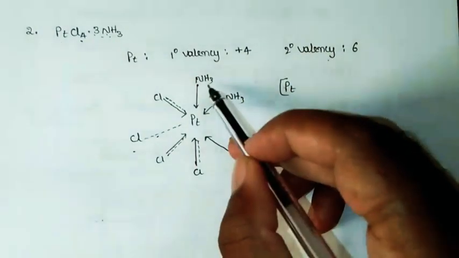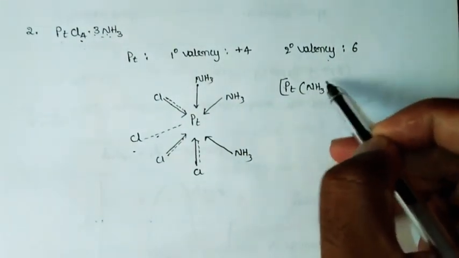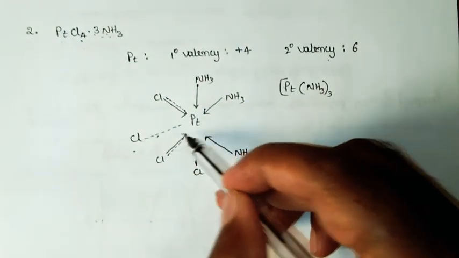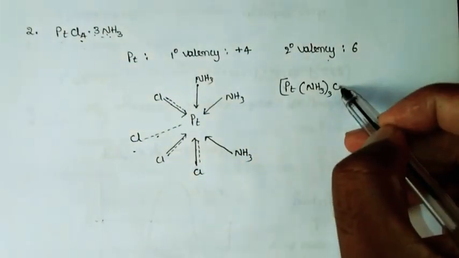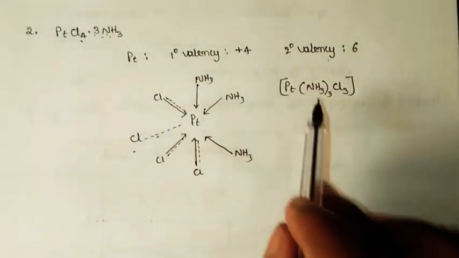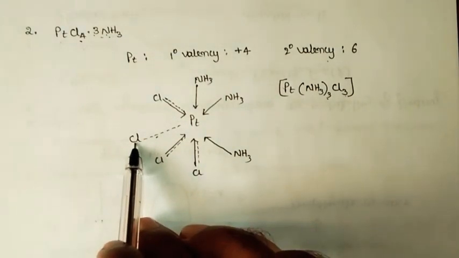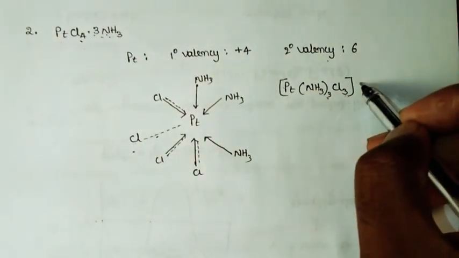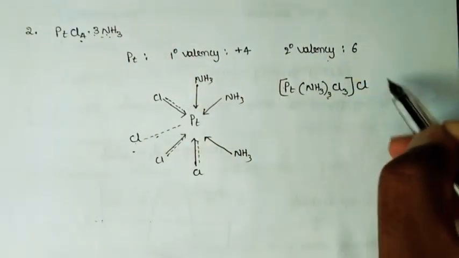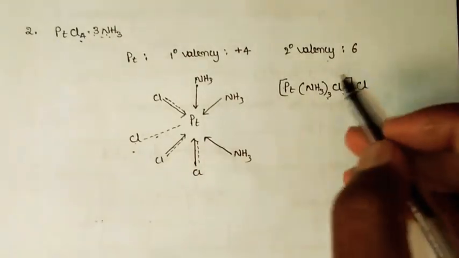So 1, 2, 3, there are 3 ammonia ligands, and solid line 1, 2, 3, there are 3 chlorines which are acting as ligands. That's fine. So coordination number 6 is satisfied and we are left with 1 Cl. Since it is an anion, it will be written over here. And this is the molecular formula for this particular compound.